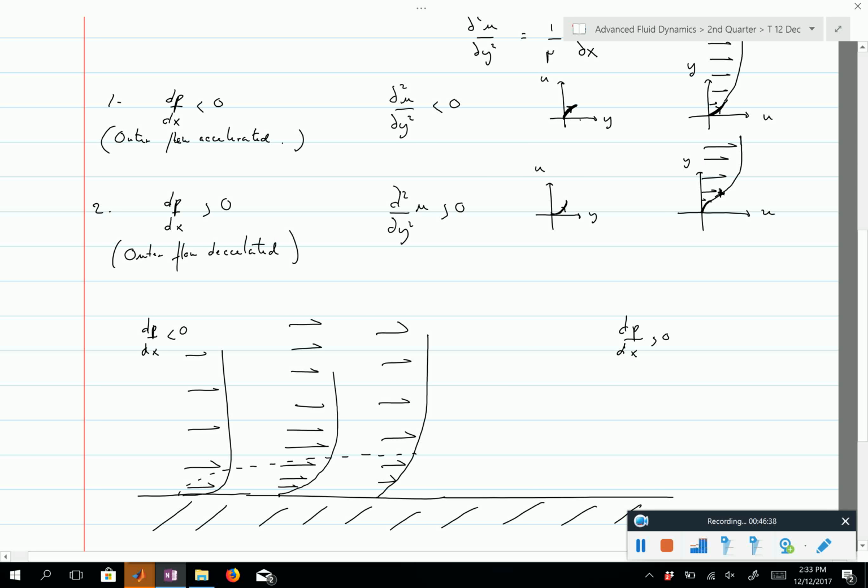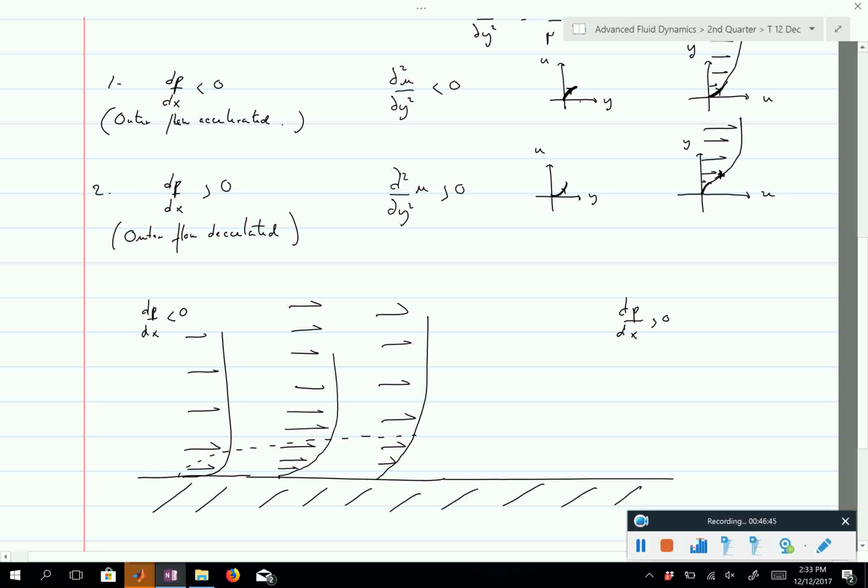So now your curvature is different, right? I made it a bit dramatic here, but essentially what you will have is that when dp dx is positive, you will have an inflection point in your velocity profile. So at first, it might look like that. But you know that the boundary layer thickness increases, so the slope here at the wall becomes lower and lower, and eventually what you might get is something like this.